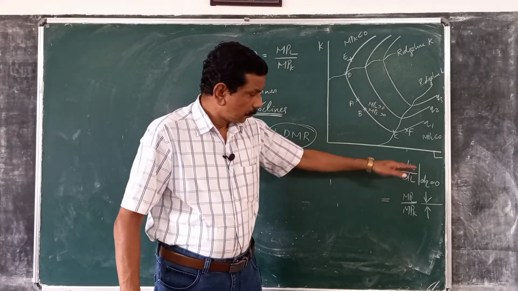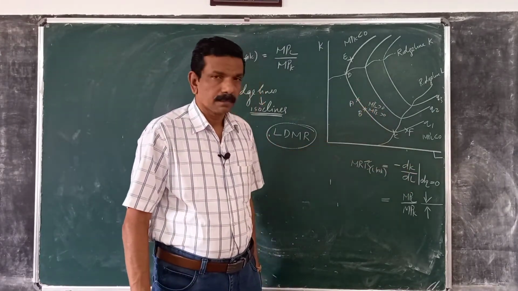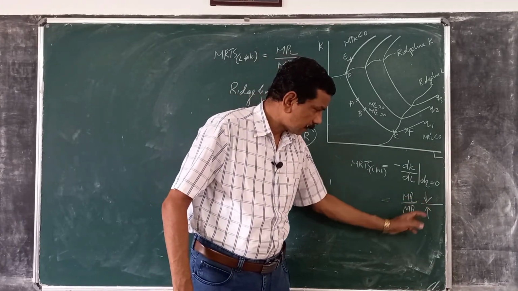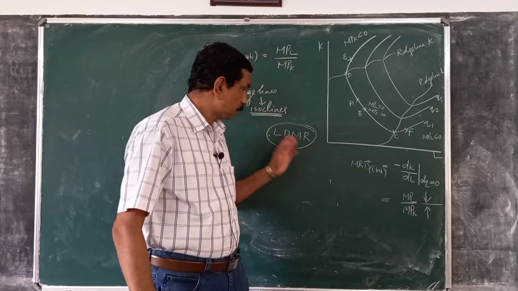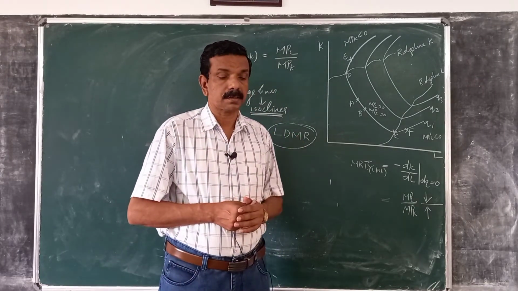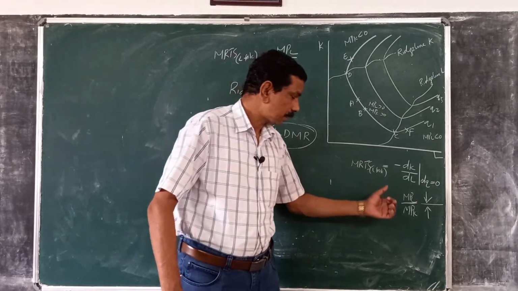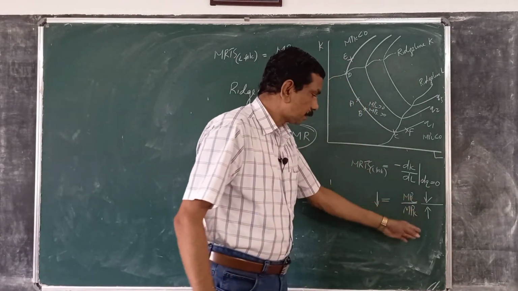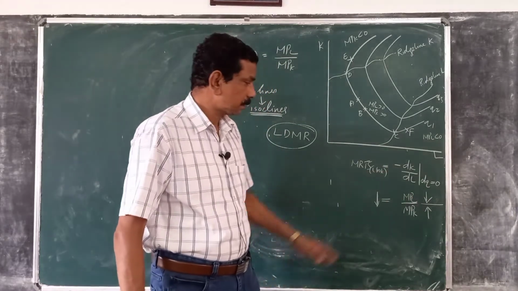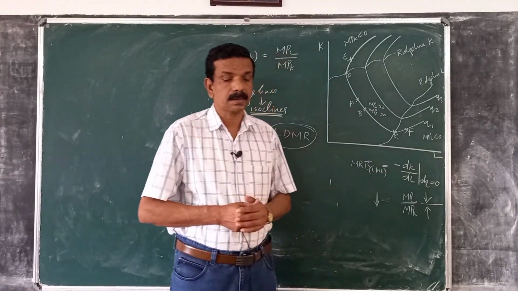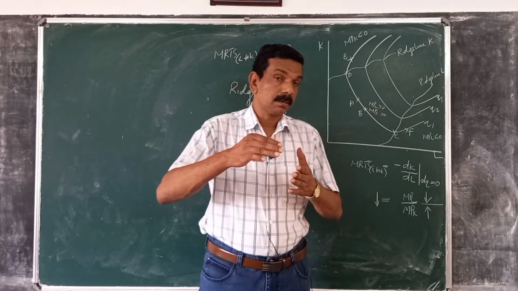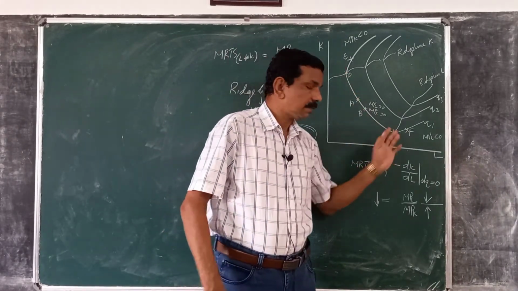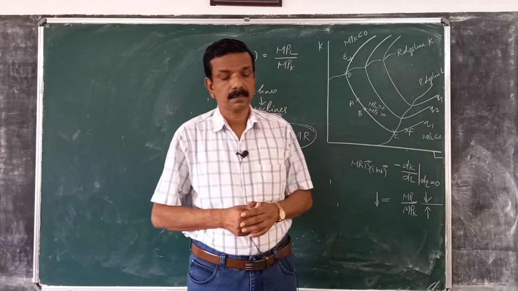So, when you move from A to B, MRTS decreases because MBL decreases and MBK increases due to the law of diminishing marginal returns. Numerator decreases, denominator increases, so MRTS decreases. This is the explanation for the convexity of isoquants.